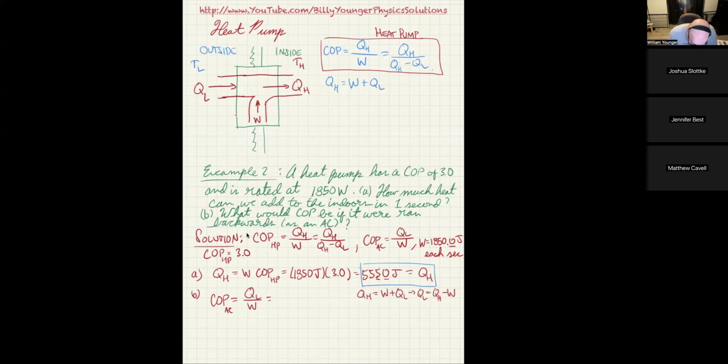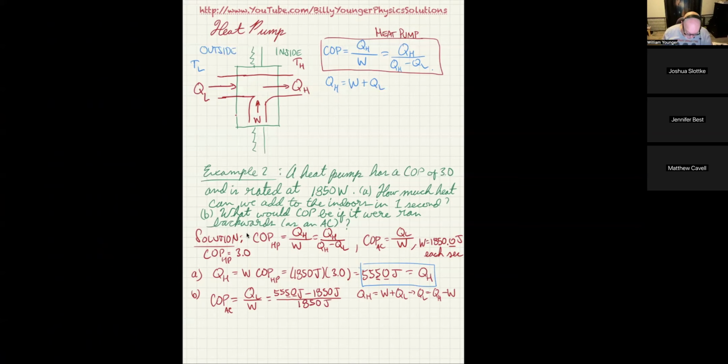So that gives us 5,550 joules minus 1,850 joules, divided by 1,850 joules.